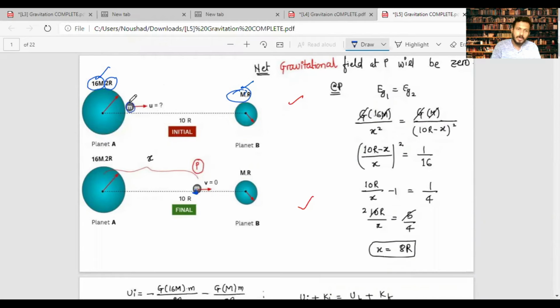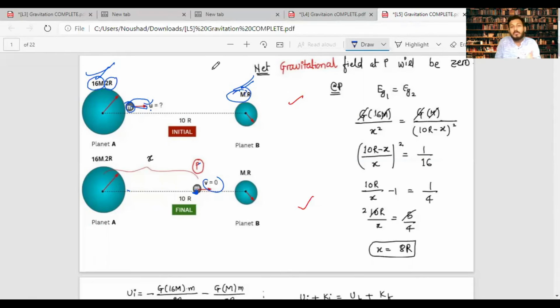When this body of mass small m moves with a velocity u, when it reaches P, its velocity is 0. Why? There is no force acting on small m. That is the answer. This body moves with velocity u because of the force it experiences from this body and this body.